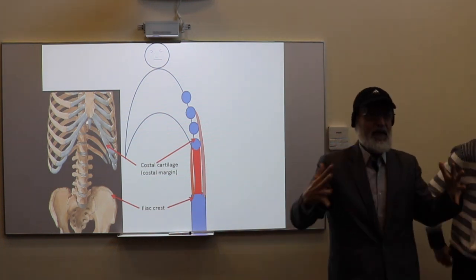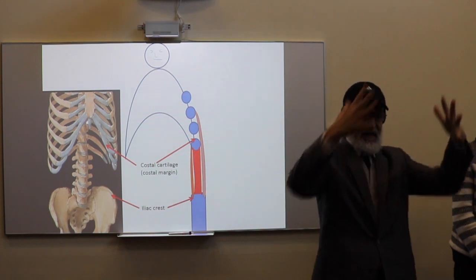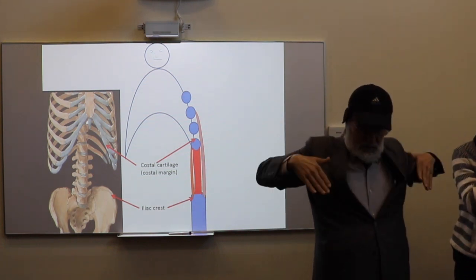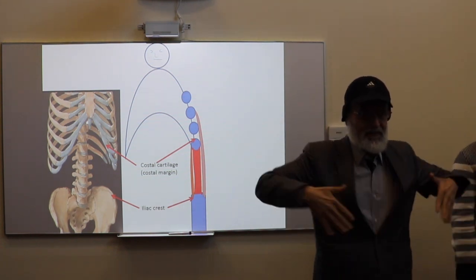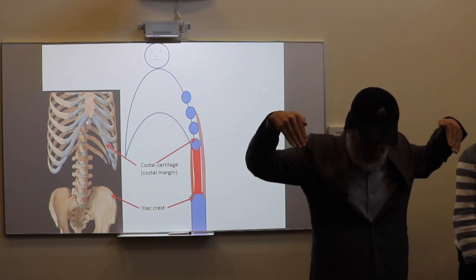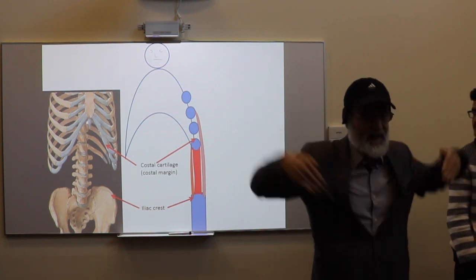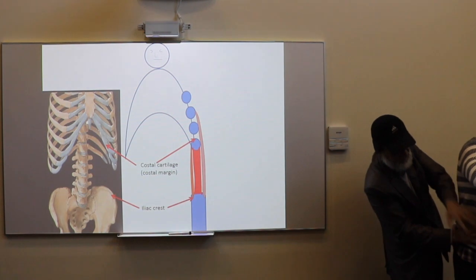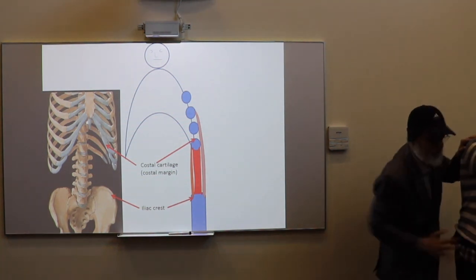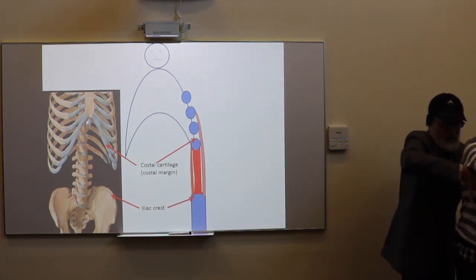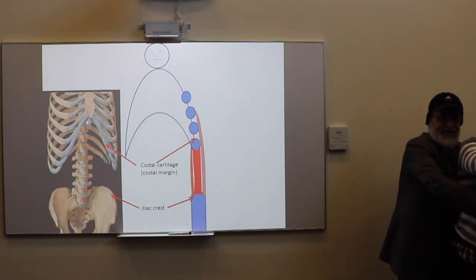Not all fibers are perpendicular to the external. Most of them are going up, yes, perpendicular to the muscles going down like that.